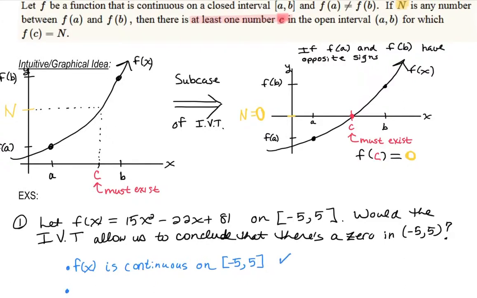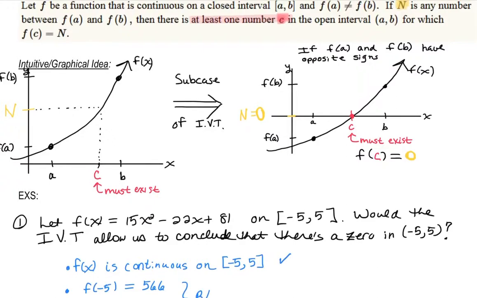Then for the subcase, we need f of -5 and f of 5 to not only be not equal, but we need them to be of opposite sign. So I'm going to save us the arithmetic. I subbed this in, and I had 566 for f of -5, and I had 346 for f of 5. So here's the thing.